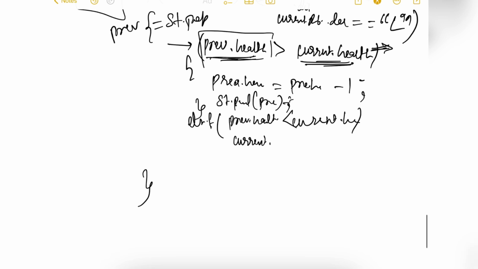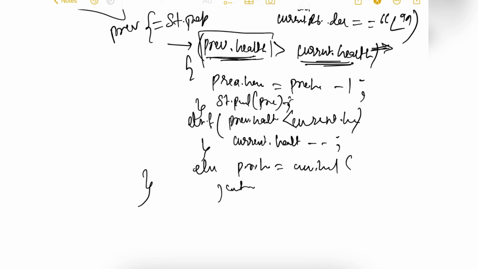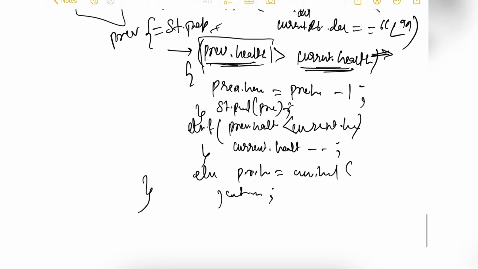So current.health will decrease by 1. And else, if both are equal, previous health equals current health, we'll do nothing. We'll just continue, because we have already removed the previous one when popping it out, and the current one we have not added, so it should be done.